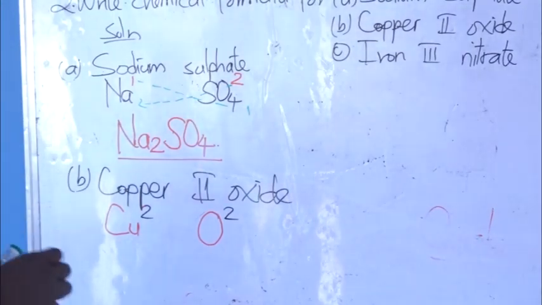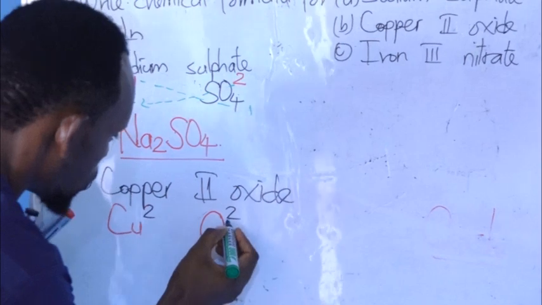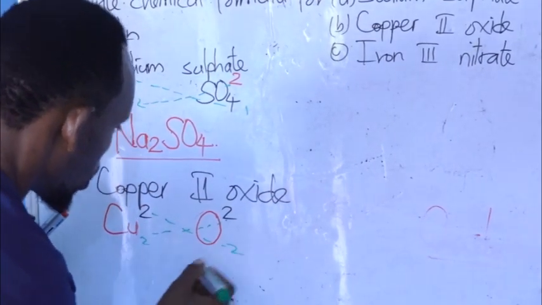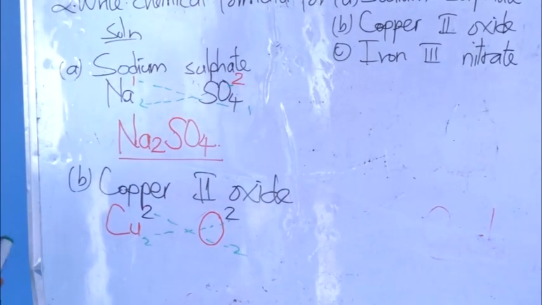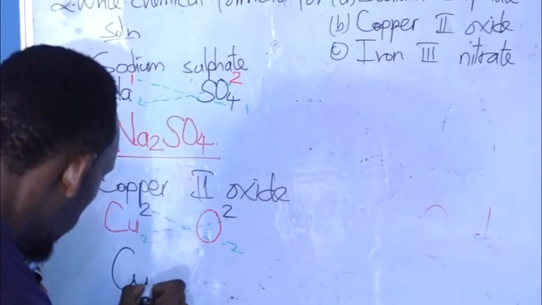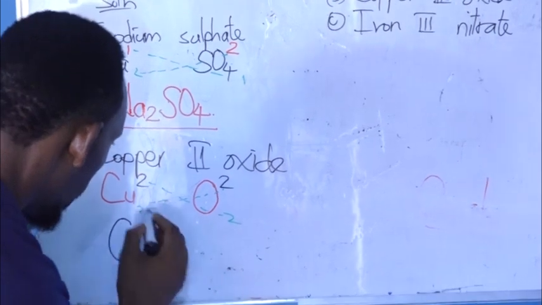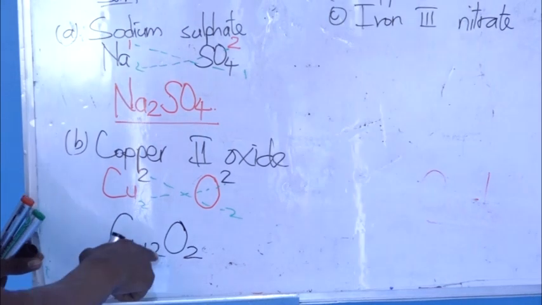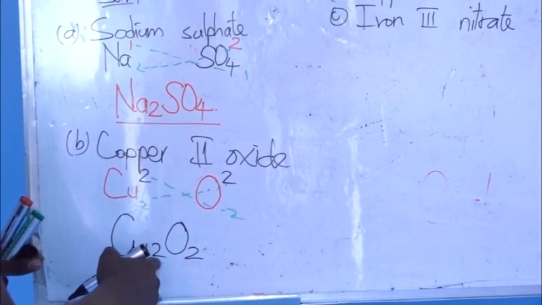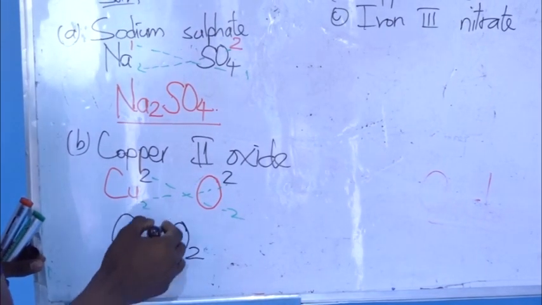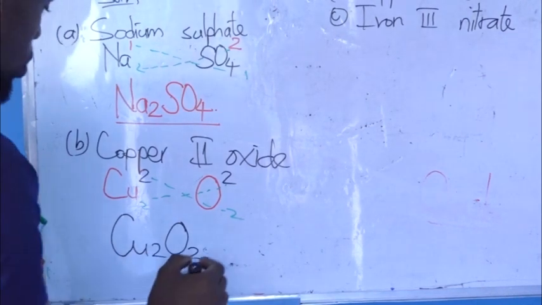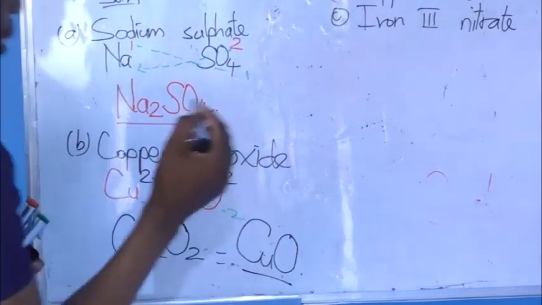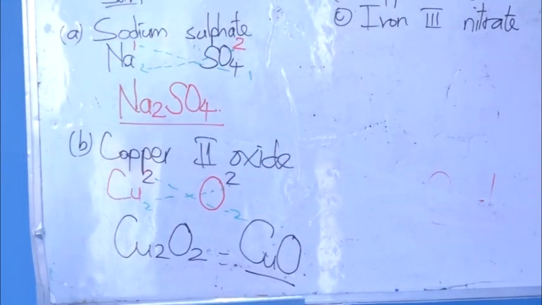Then interchange the valences. The 2 comes there, and the other 2 goes there. Because we have 2 on both sides, they can be cancelled out, so it will simply be CuO, copper 2 oxide.